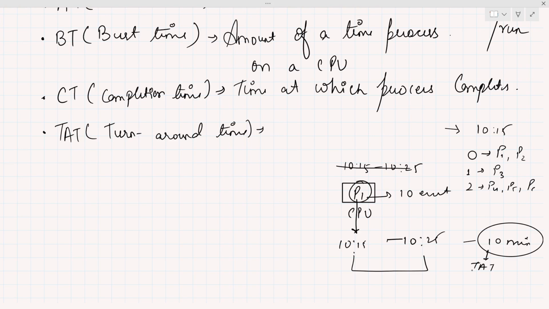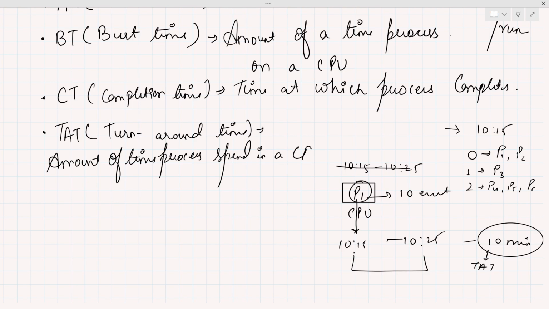I hope you understand what TAT is: the amount of time a process spends in a CPU. You can write it that the amount of time a process spends in a CPU is called the turnaround time.